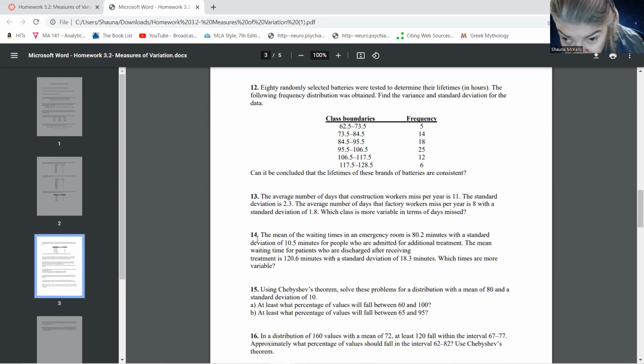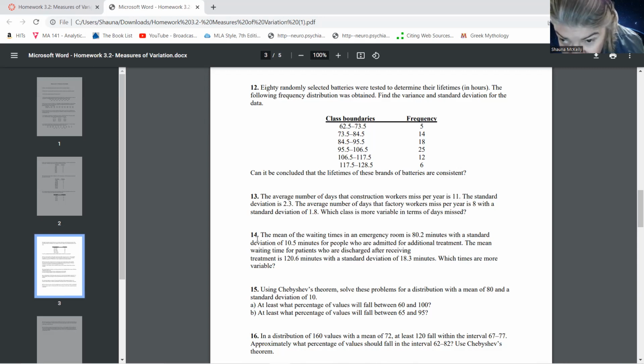If I look at 13, it says the average number of days that construction workers miss per year is 11. The standard deviation is 2.3.